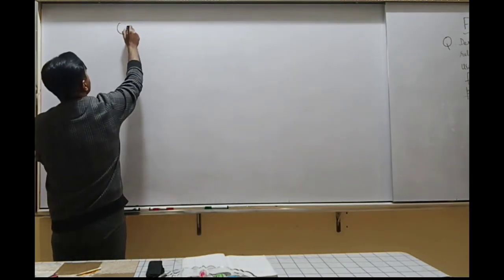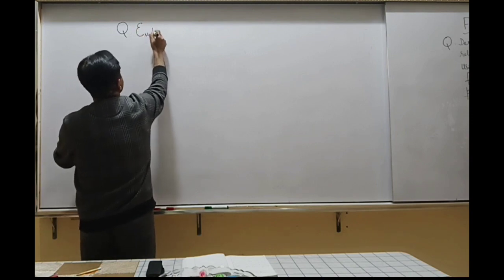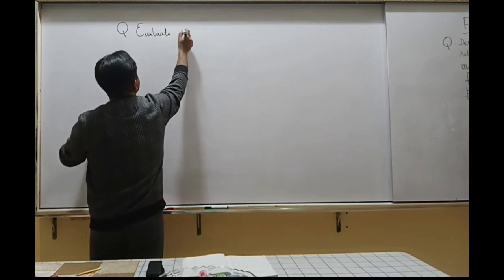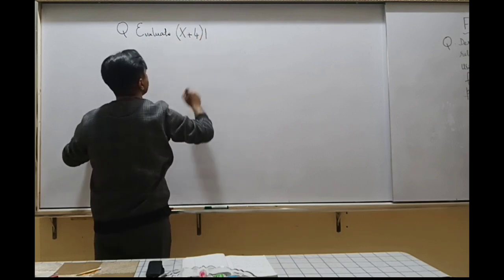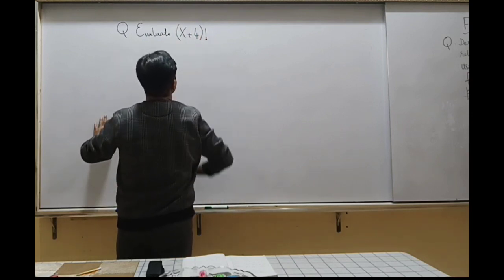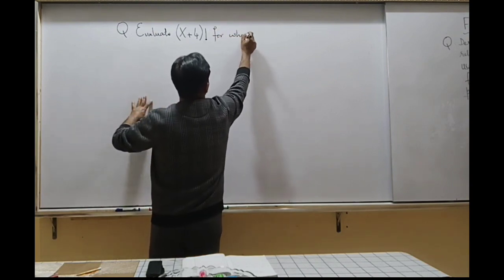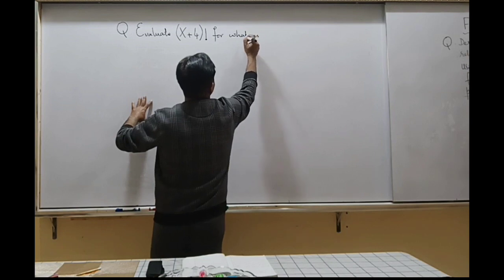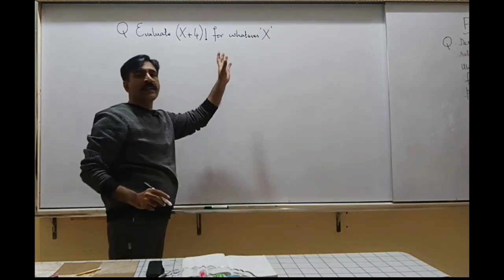The statement of the problem is: evaluate x plus 4 factorial, this is the factorial sign, for whatever x. X could be any mathematical object.